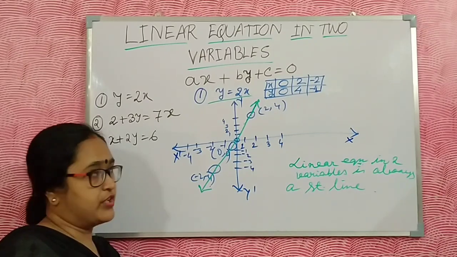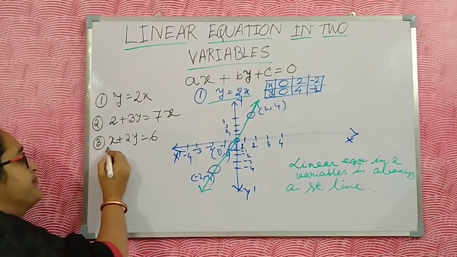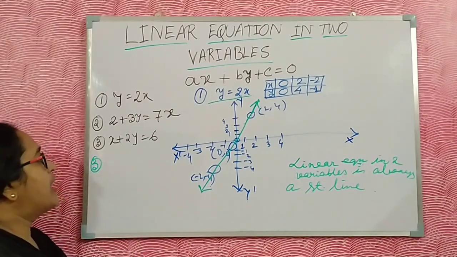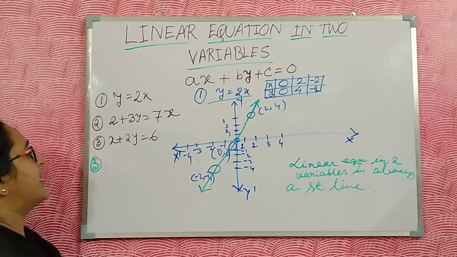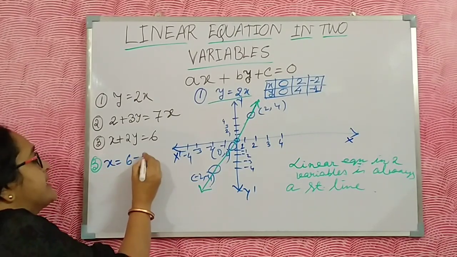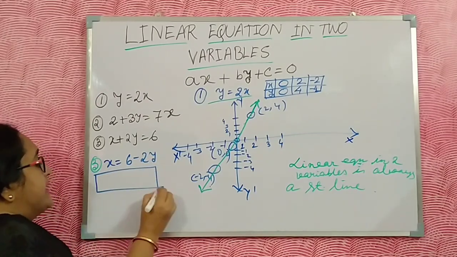Listen carefully. Now I am discussing this one, question number 3, which I discuss first. Now put the values of this. I take x here. x minus 6 minus 2y, and you make a chart again.